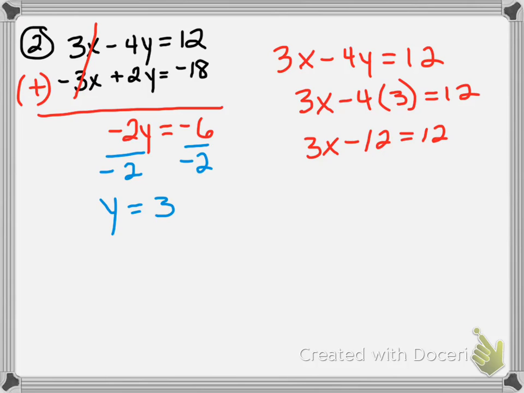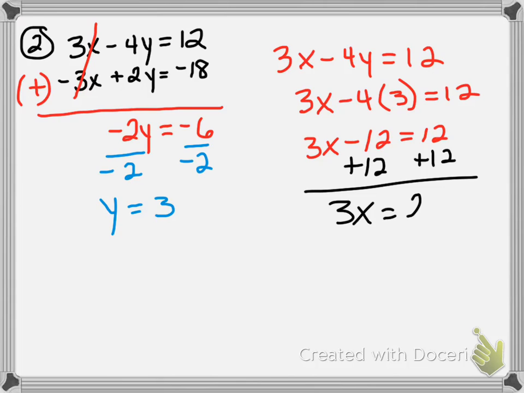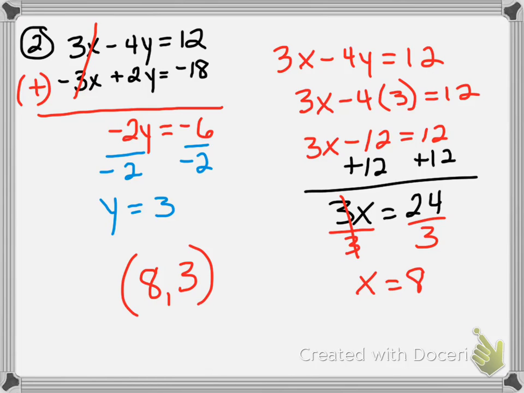Then we're solving this equation. We would add 12 to both sides. We get 3x is equal to 24. Then we're going to divide each side by 3. And that will give us x is equal to 8. Okay, so then the ordered pair solution would be (8, 3).